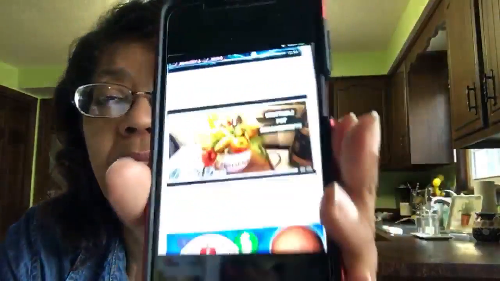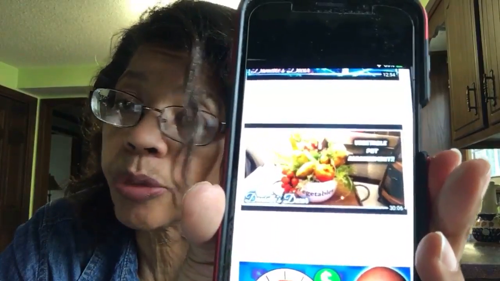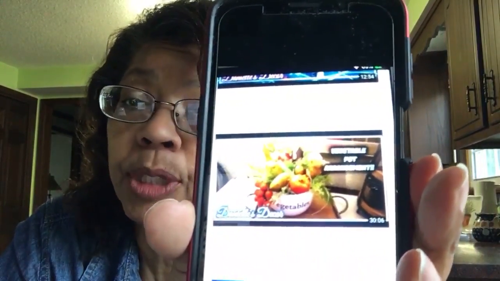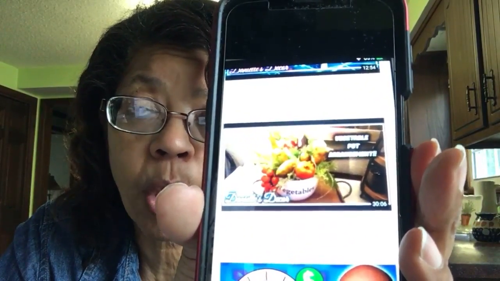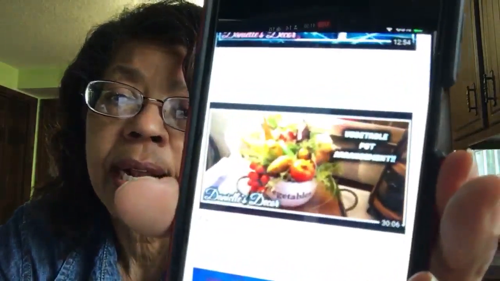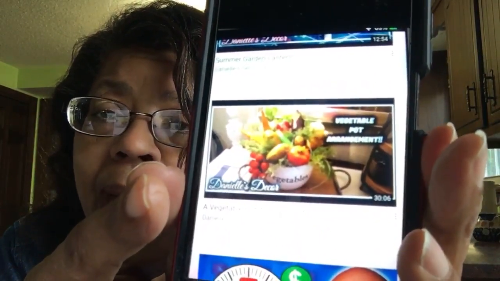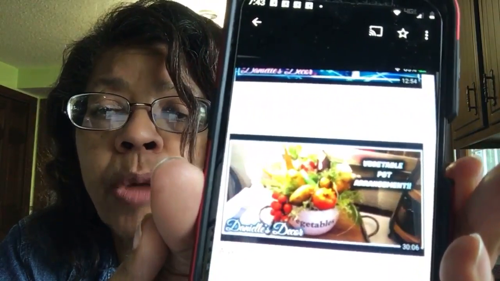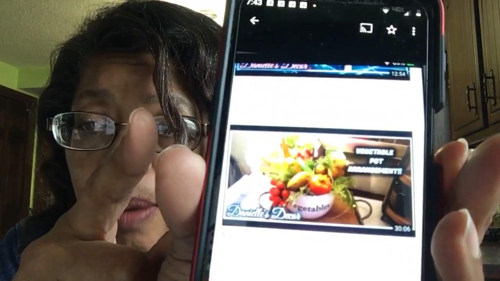And then this was the thumbnail that I was telling you guys about. Those were great colors to attract attention, but I don't know, it was pretty bright. But it worked because I stopped to look at it. Now, this was one of the thumbnails from Danielle's Decor that I told you about yesterday. And like you can see right here, she did a vegetable pot, and in the title, it says vegetable pot arrangement is what she wrote on the thumb.